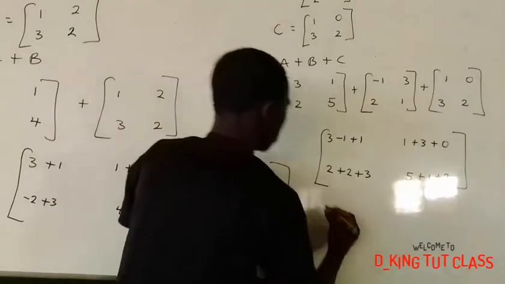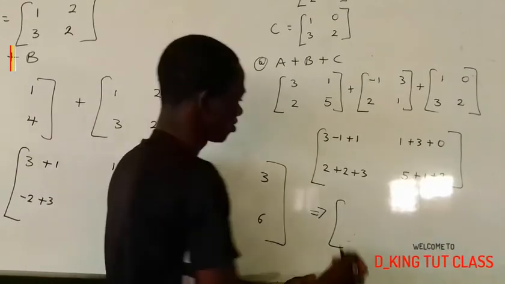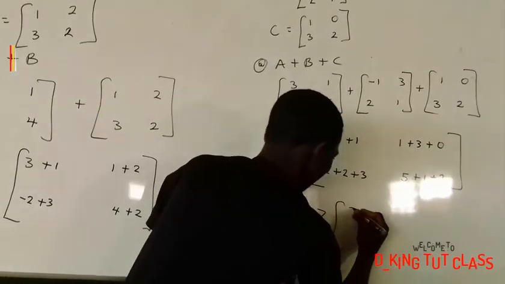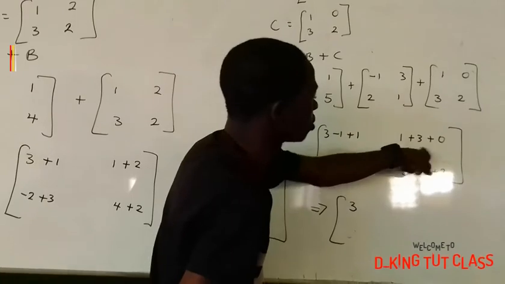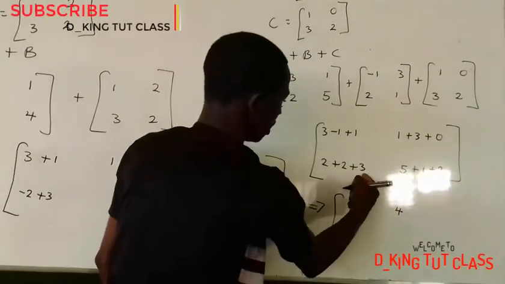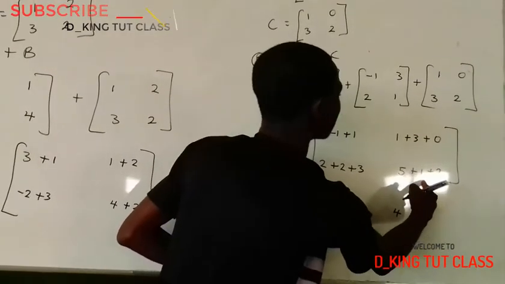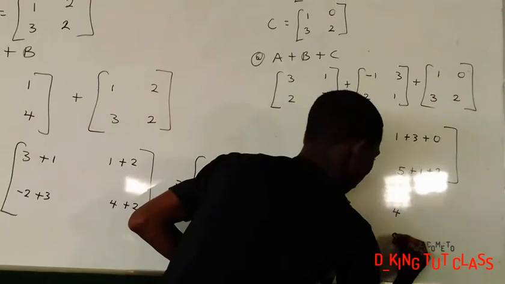So let's see what this gives us. 3 minus 1 plus 1 is 3. Then 1 plus 3 plus 0 is 4. Then 2 plus 2 plus 3 gives us 7. And we have 5 plus 1, that's 6, and 6 plus 2 is 8.